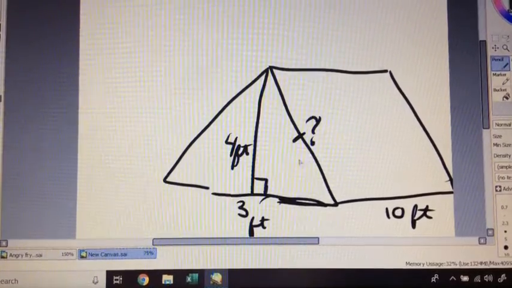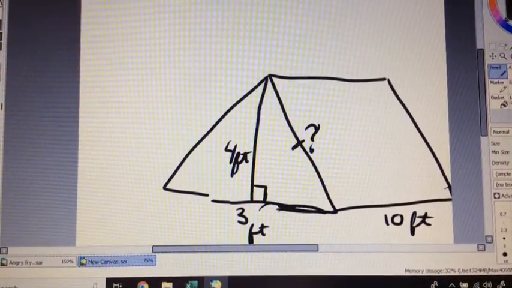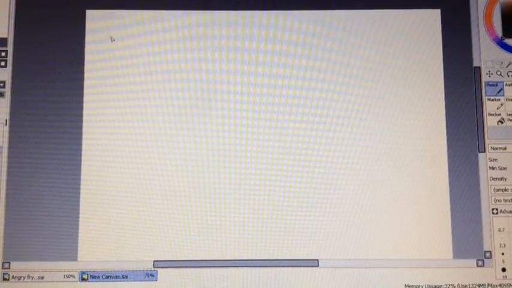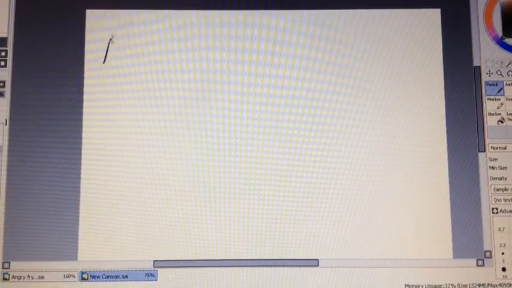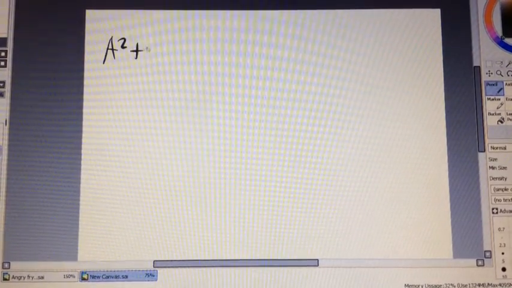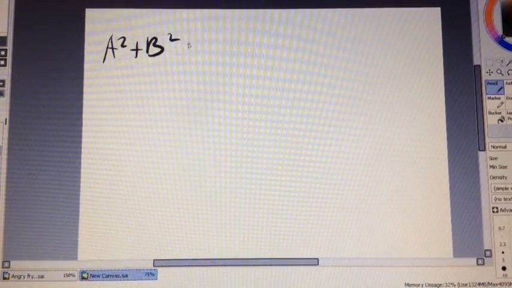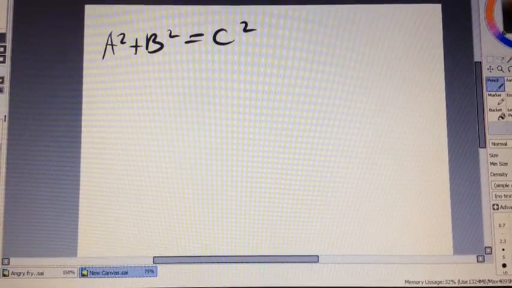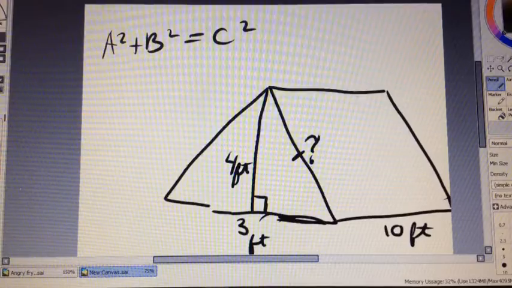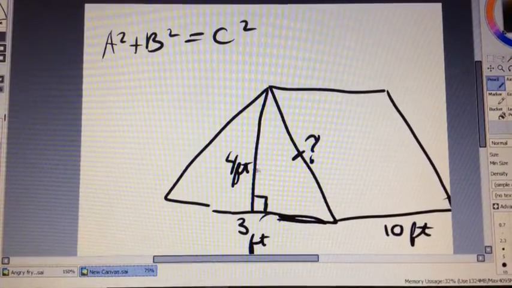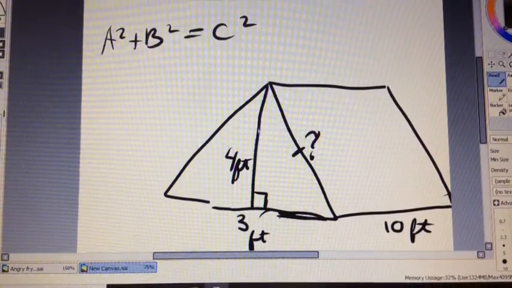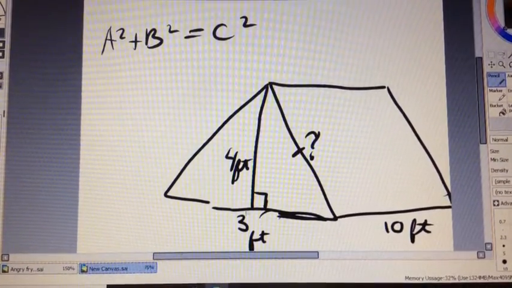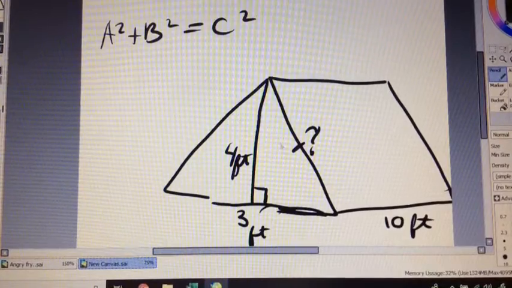Since this shape looks familiar, we're going to be using the Pythagorean theorem, which is a squared plus b squared equals c squared. a can be either 4 or half of 3.